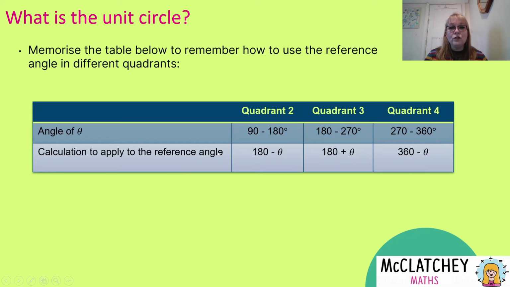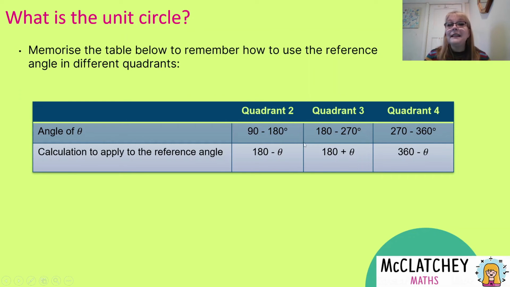In quadrant 2, we're looking at an angle between 90 and 180 degrees. So in our first example, the 130 degree angle fits in that range. When we move into that third quadrant, the value of our angle as we come around the circle is going to be 180 to 270 degrees. And in the fourth quadrant, our angle size is 270 to 360 degrees.